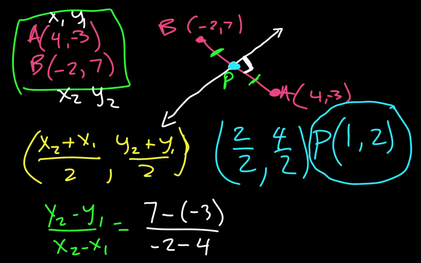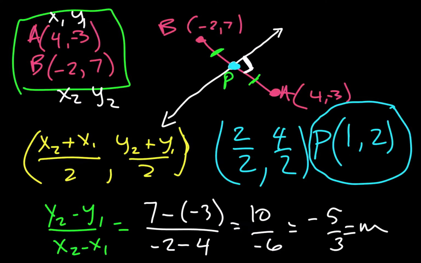So right here, double negative is going to be a positive, so we get 10. And then negative 2 minus 4, we get negative 6. And if we simplify that, we will get negative 5/3. Just divide the top and bottom by 2, and then the negative should come up top, or at least stay in the middle. So this is our actual slope.